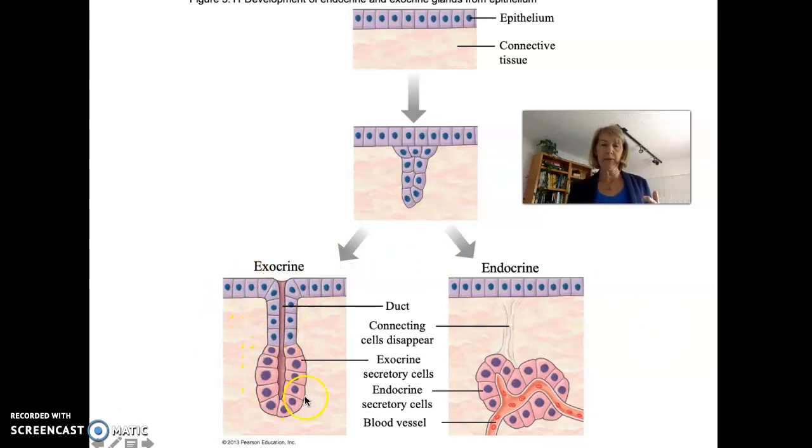Look, this dip now has become a whole gland that has a hollow section, and it's going to be able to export out of that hollow section. Or an endocrine gland that just has these secretory cells, and these cells will be able to deliver some chemical to this vicinity without having to move it to a different part of the body or out of that tissue, right? Exo, out; endo, in.